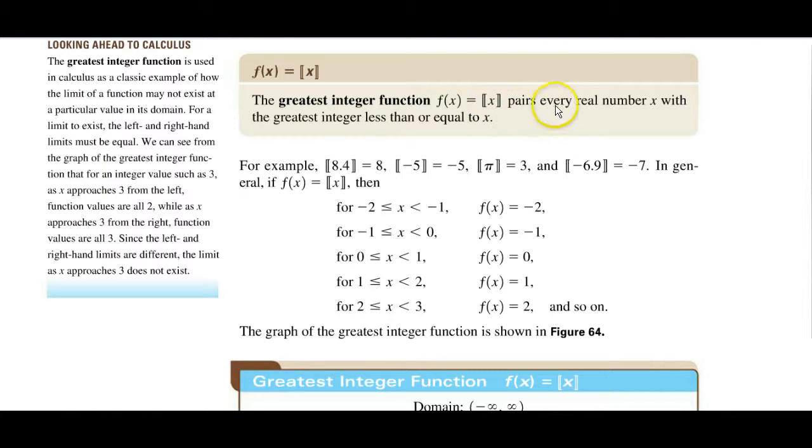This pairs every real number x with the greatest integer less than or equal to x. Now, what does this mean? Well, if this is 5.5, then its greatest integer less than or equal to x would be 5.